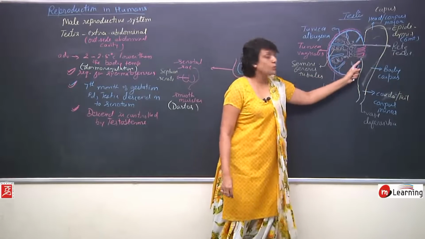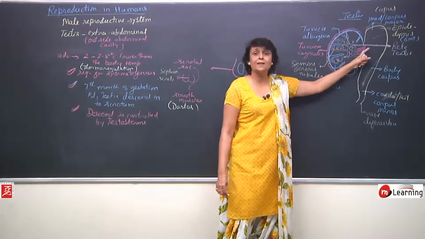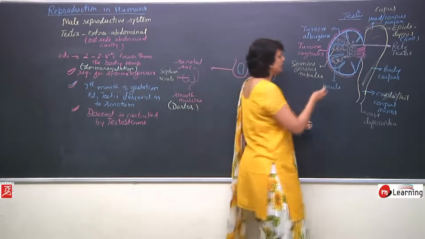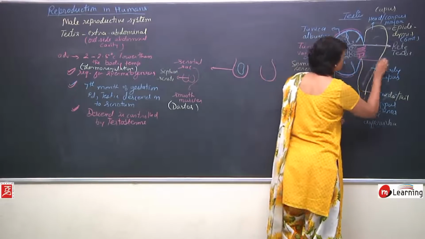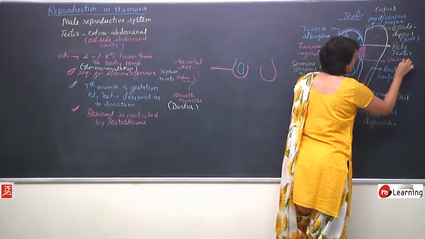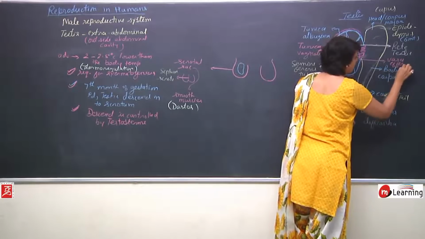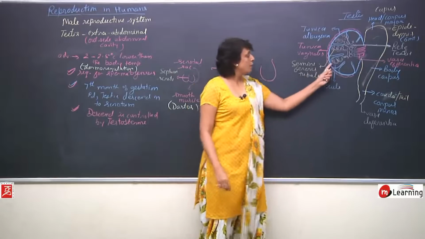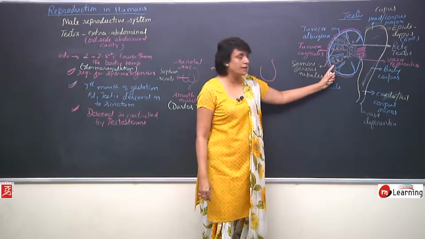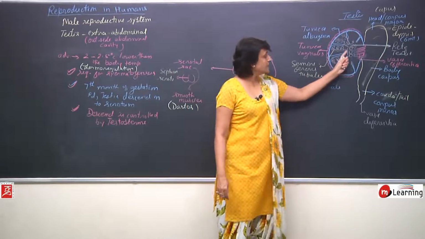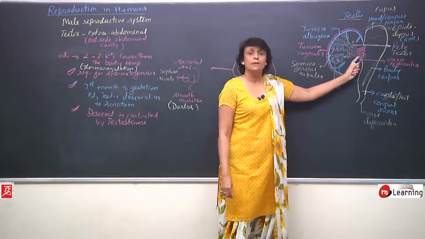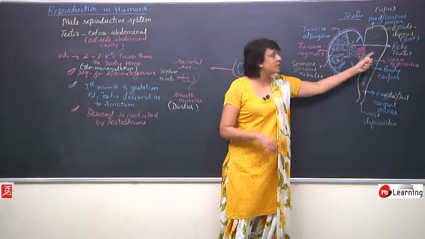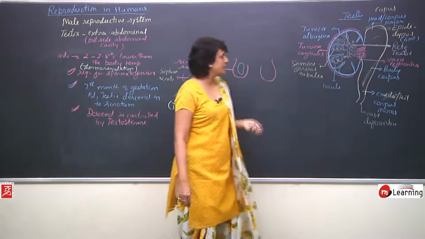These ducts which open into the head region of the epididymis, these tubes, are known as vasa efferentia. So now the sperms which are produced in the seminiferous tubules go through these ducts, come to the rete testis, then with the help of vasa efferentia they are poured into the head region of the epididymis.